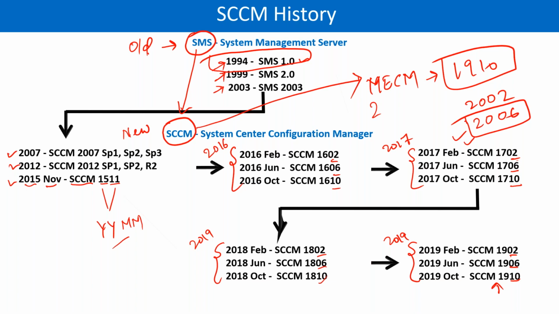So almost like if you calculate, it is there in the market for the past 25 years. 25 years this product is there in the market. It's a matured product. Thousands and thousands of companies have implemented this to manage their enterprise devices, and millions of devices are being managed by this product. So it is not a new product.